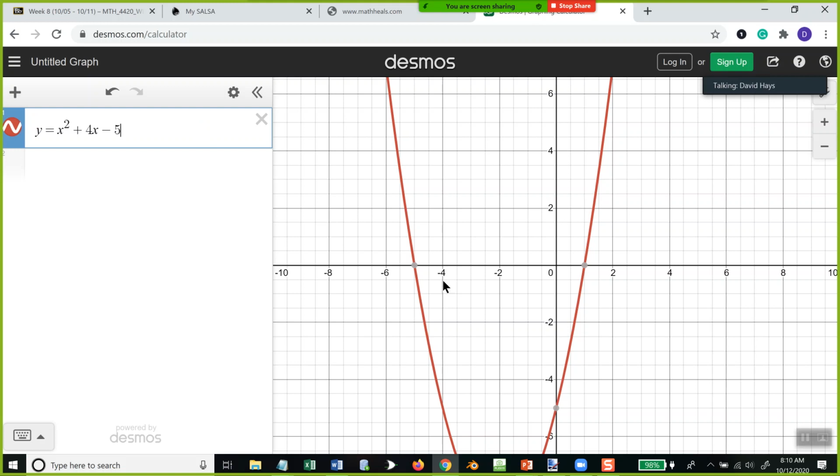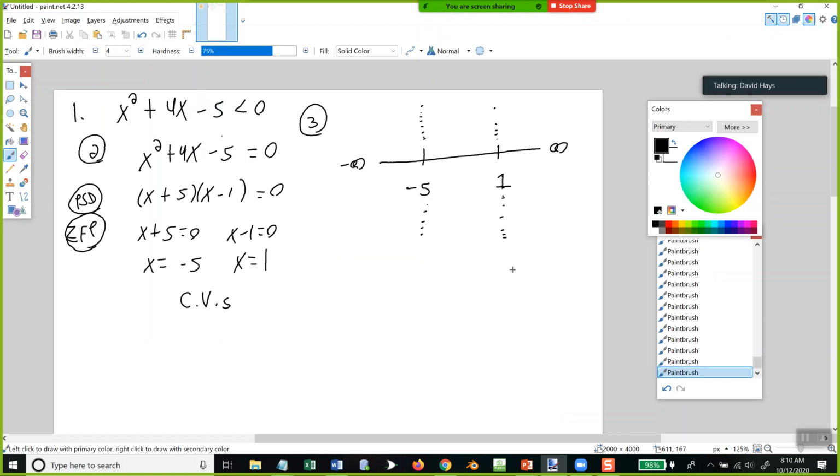Now what you're going to notice is that your graph crosses at negative 5 and positive 1, which corresponds to our critical values. So we want to sketch our graph on here. Like that. Doesn't have to be precise because we're not caring what the graph really looks like.